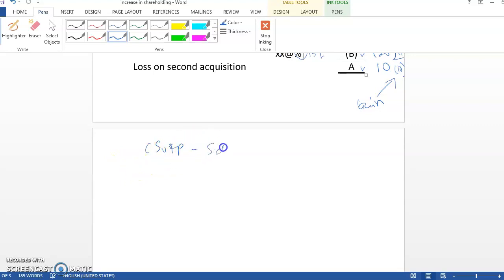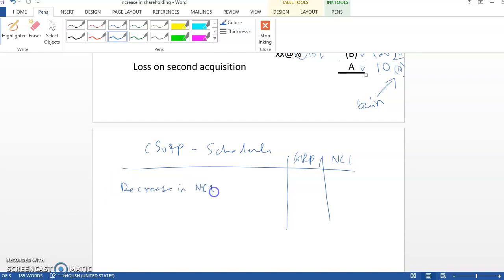So in the schedule for GRP and also NCI, you put a decrease in NCI or reduction in NCI. The amount that you take will be the B just now, and it must be in bracket. And then for A, you will have H Berhad, right? Then you have items in H Berhad, so you can put gain on second acquisition. That is figure A.